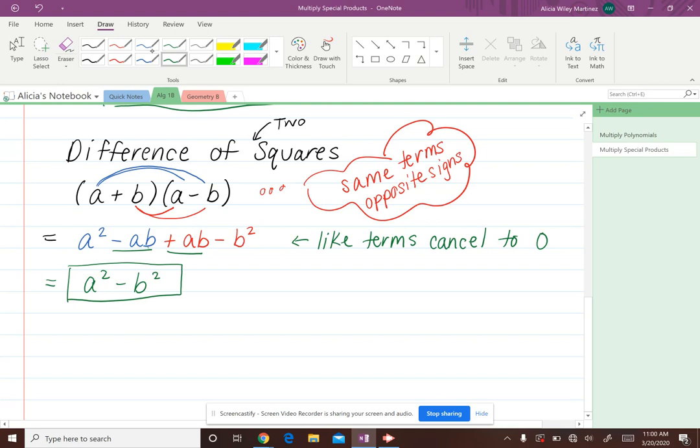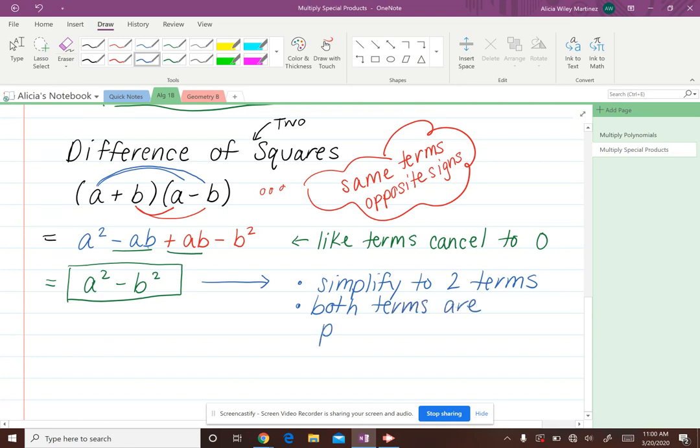What's unique about the product of a difference of two squares are a couple of things. First of all, the simplified product will always simplify to two terms. The next thing is that both terms are perfect squares.